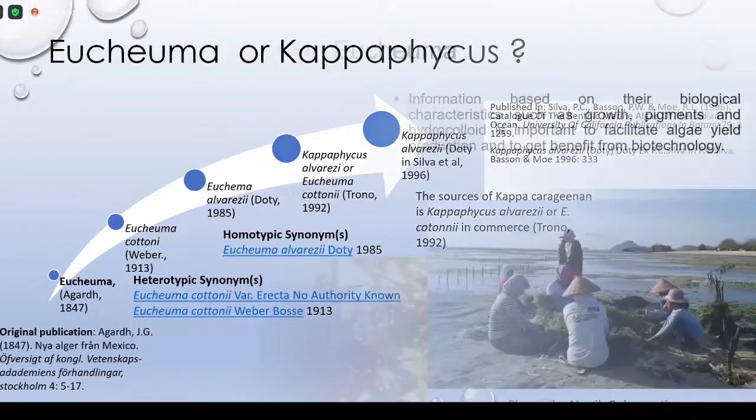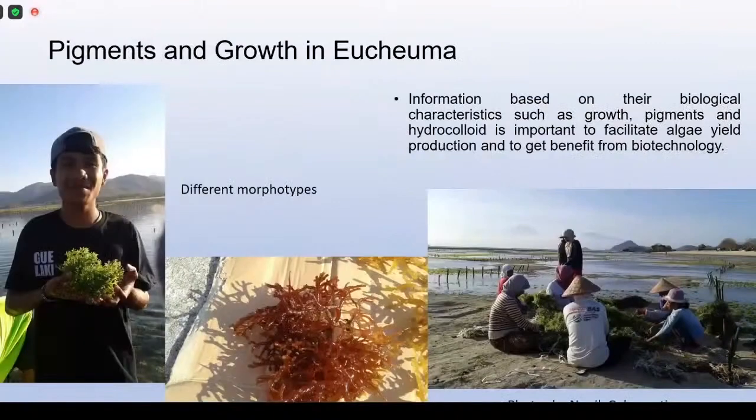And there are two different morphotypes in Indonesia, the red, the brown and the green one. Information based on their biological characteristics such as growth, pigments, and hydrocolloid is important to facilitate algae production and to get benefit from biotechnology.